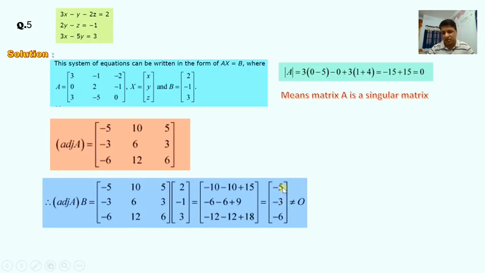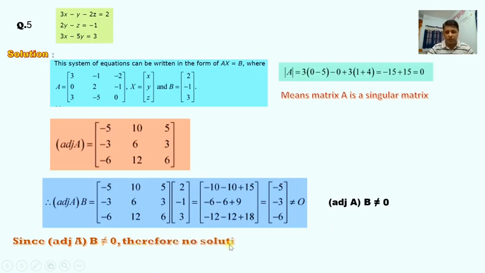But since now we have minus 5, minus 3, minus 6, this is not a zero matrix, so this particular adjoint of A into B is not equal to 0. Since adjoint of A into B is not equal to 0, therefore there is no solution. Hence the system of linear equations is inconsistent.